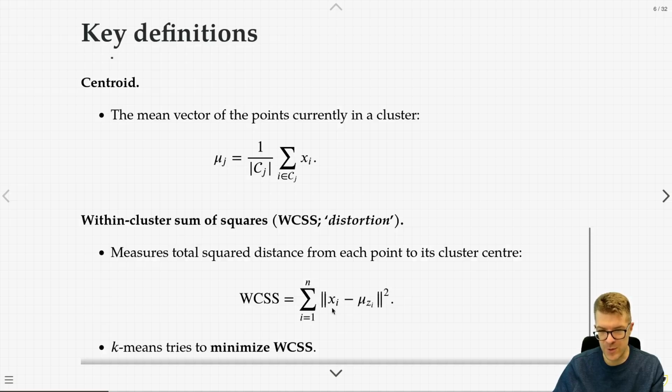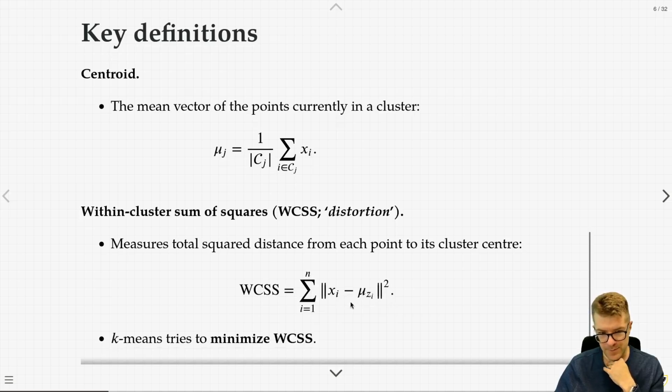What is the distance between x sub i and the cluster to which it belongs? Well, z sub i is the cluster to which it belongs. Mu sub z sub i is the centroid of the cluster to which x sub i belongs. We'll just find the difference between these and square it, and then we'll just sum it up. So this isn't the average of the squared differences. It's just the sum of squared differences.